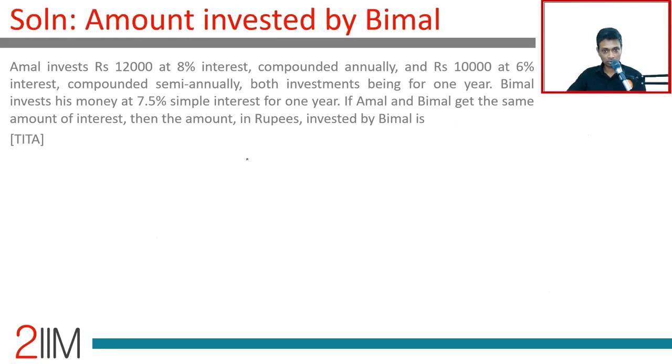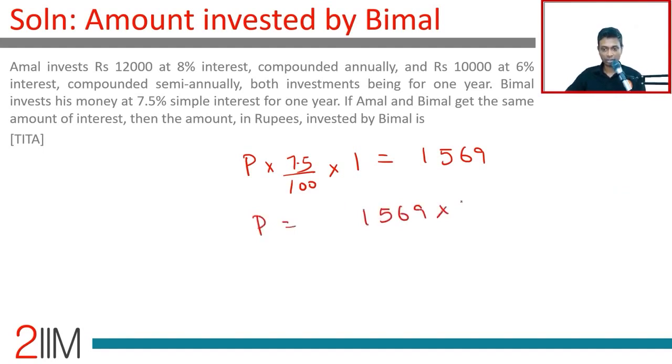So principal into 7.5 by 100 rate into 1 is 1569. Principal is 1569 into 100 by 7.5. And we can make this 15, make it into 2: 100 into 2 by 15.